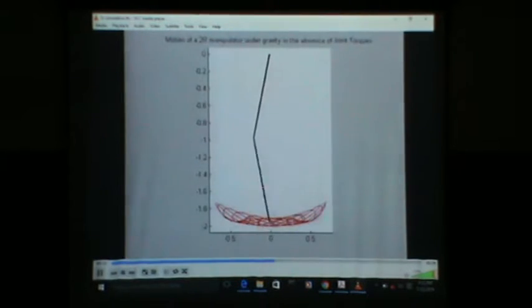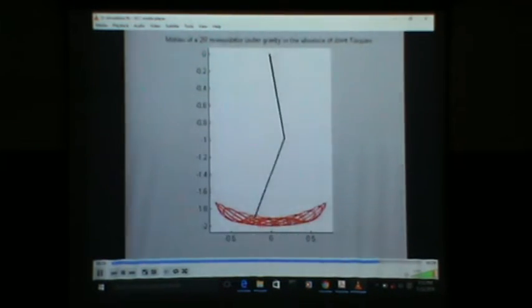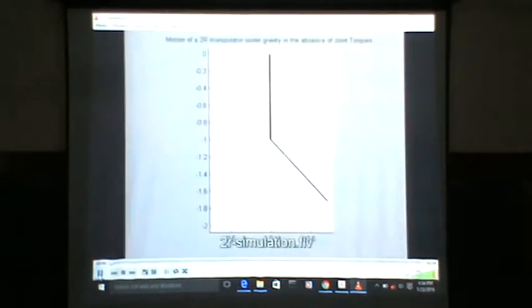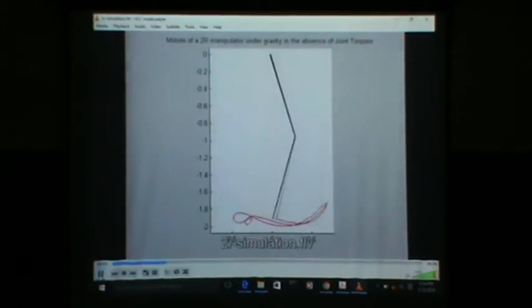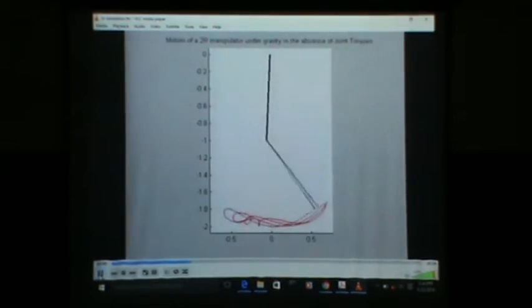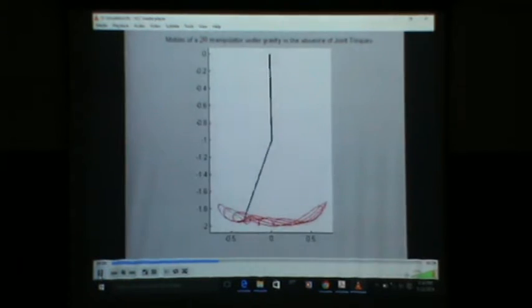It is moving in a very strange way, which is not obvious. Why should the path be like this? But this is what the equations of motion are telling you. Let's do it once more. It is starting from some initial condition, vertically down with some 45 degrees, and the path traced is this way.